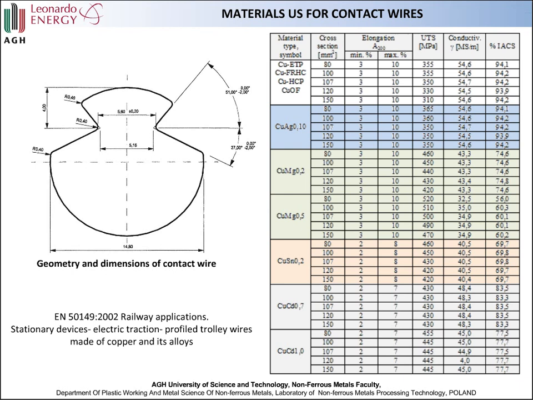And copper with cadmium, which is rarely used, as well as copper with tin. Pure copper and copper-silver materials are generally optimal because they have the best current capacity and low electrical losses. Both materials have similar electrical conductivity, but extremely different operational properties like wear and heat resistance, which significantly increase with the addition of silver.